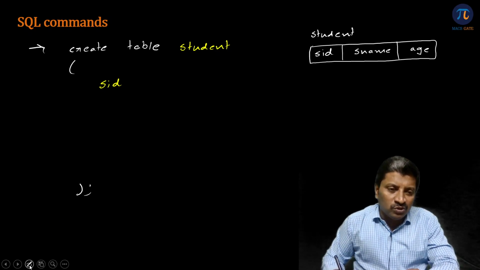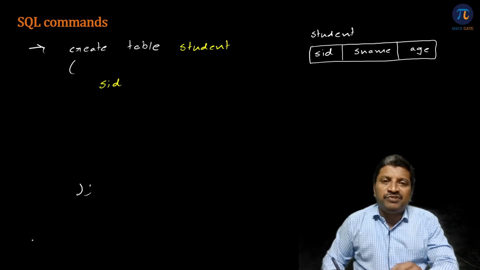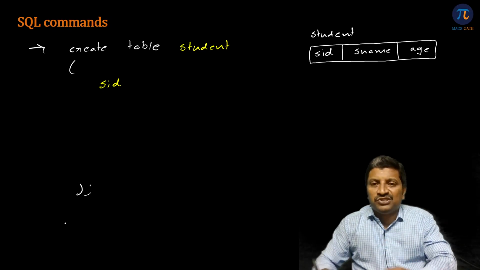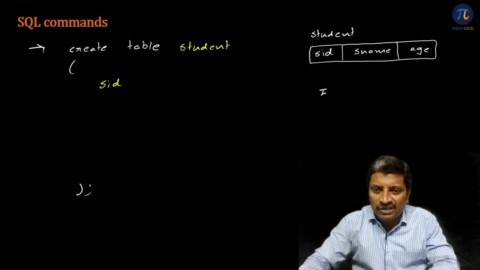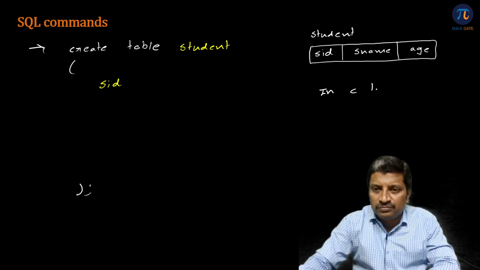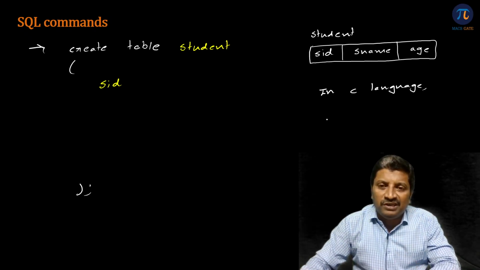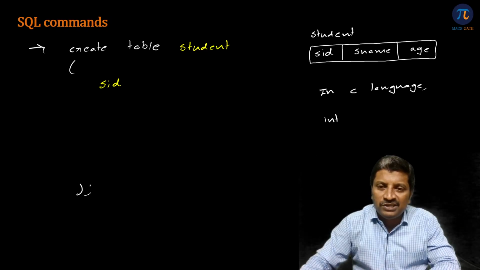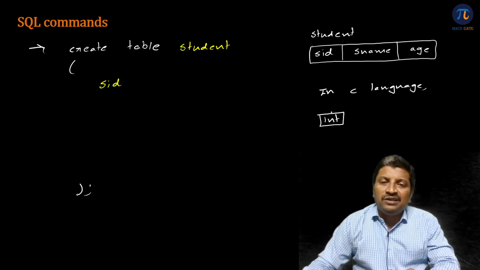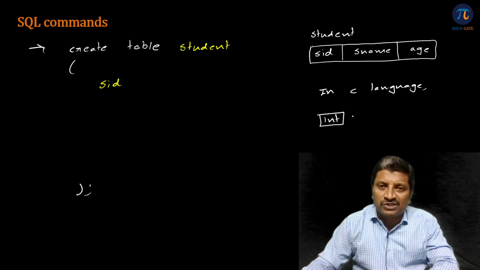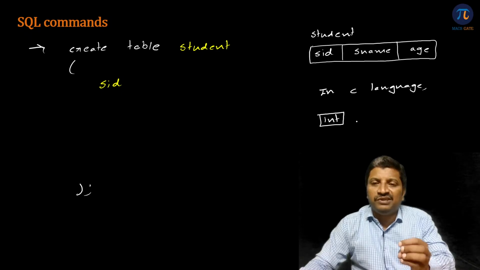Then I should know the keyword to specify integers. Like in our C language, what is the data type or what is the keyword for integers? The keyword is int. Like that, in SQL we have some keywords to specify the set of integers.